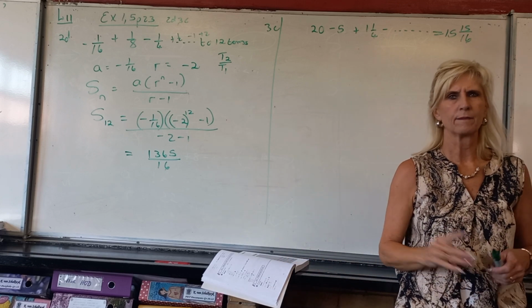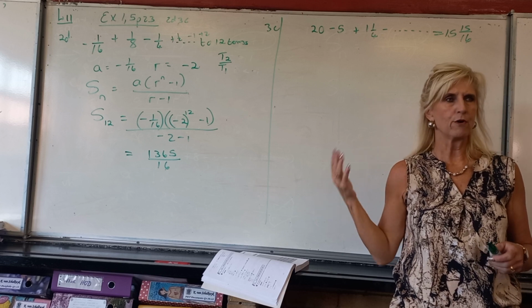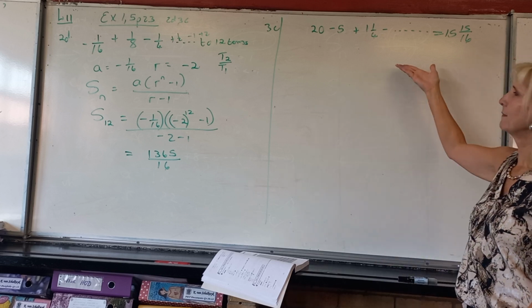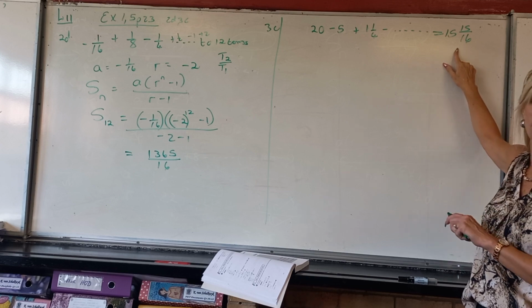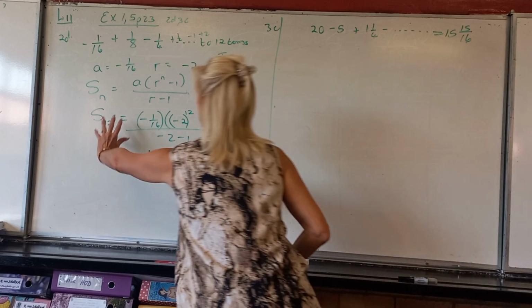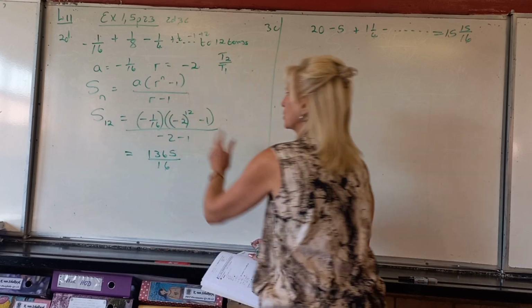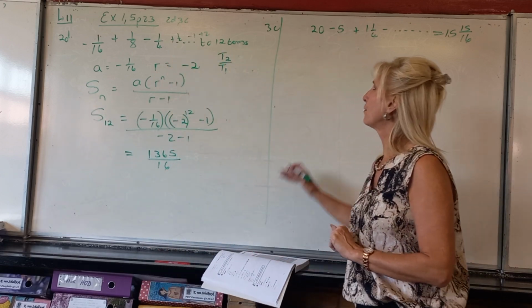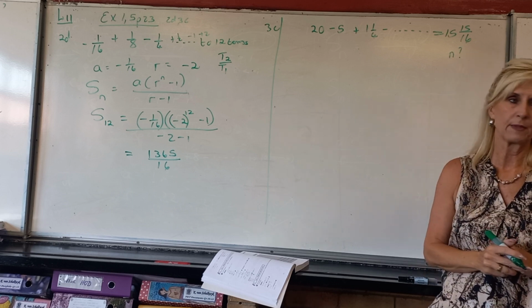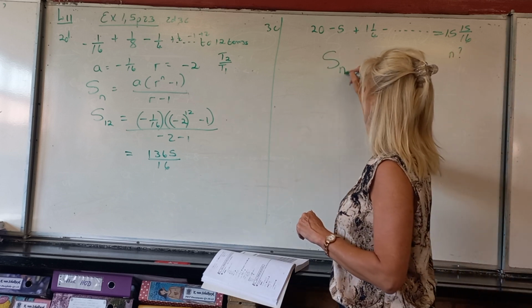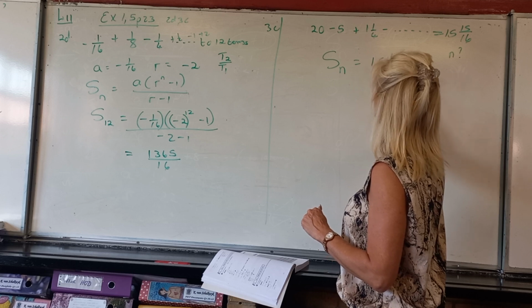What is n? The number of terms. And what am I giving you? The sum of. So in this case, I'm going to have the answer equal to, and there will be an unknown value for n, because the question was, what is n? So we're saying that the sum of is equal to 15 and 15 over 16.